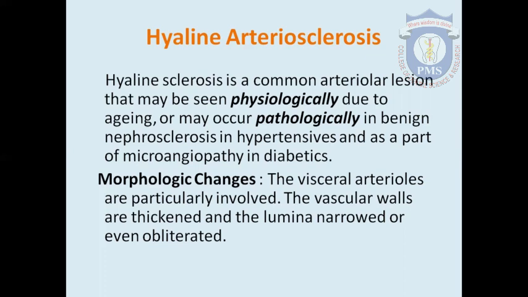Morphologic changes. The visceral arterioles are particularly involved. The vascular walls are thickened and the lumina narrowed or even obliterated.